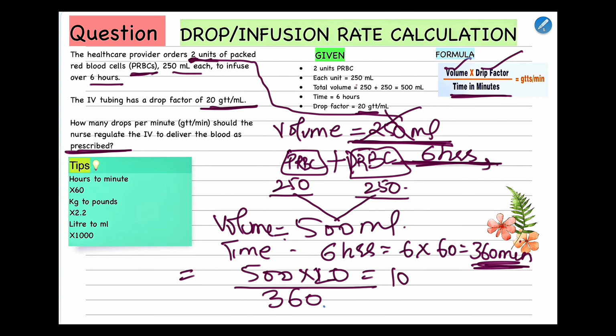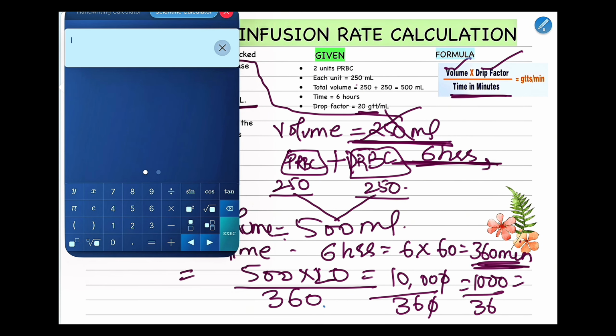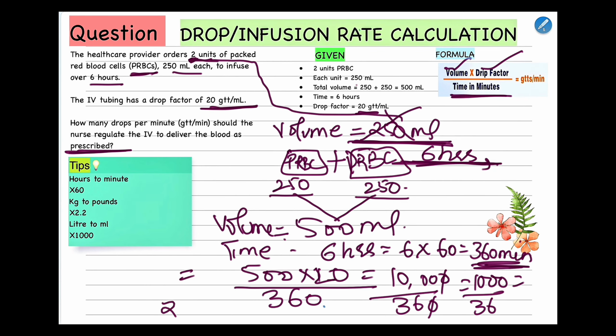So it will become 10,000 divided by 360, or 1000 over 36. It is 27.7, which is approximately 28 drops per minute. So our answer is 28 drops per minute.